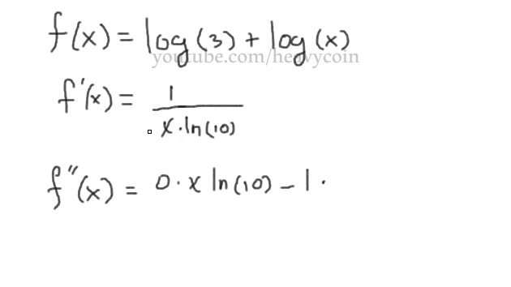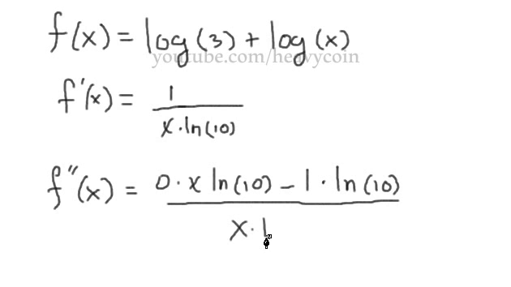Normally we'd just write that as a coefficient, but it's written over here. But anyway, the derivative of x times natural log of 10 is just the natural log of 10, and of course it's all over the denominator squared.